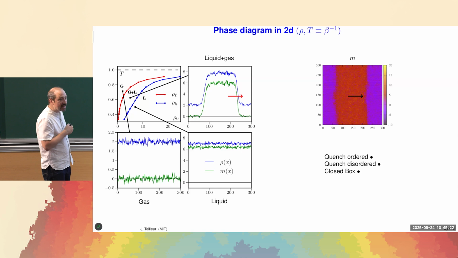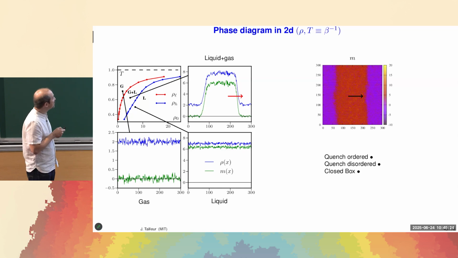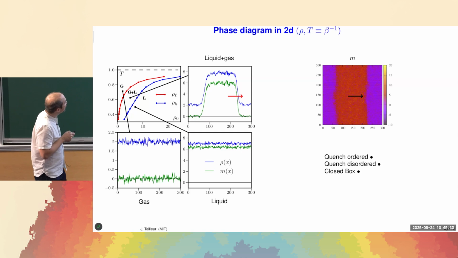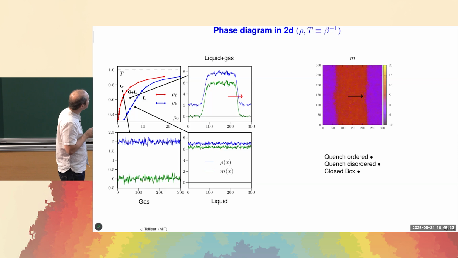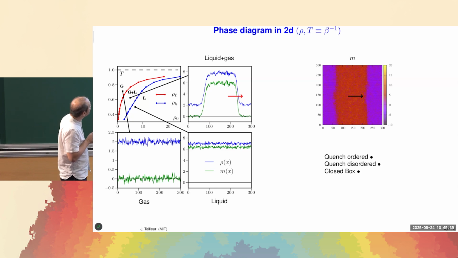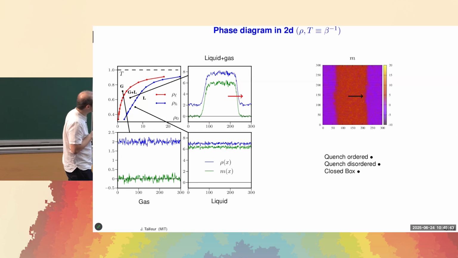And in between, like in the Vicsek model, I see this big liquid band, which is propagating. So if I look at what this is, I have a coexistence between a homogeneous disordered gas and a homogeneous ordered liquid, and an interface in between.